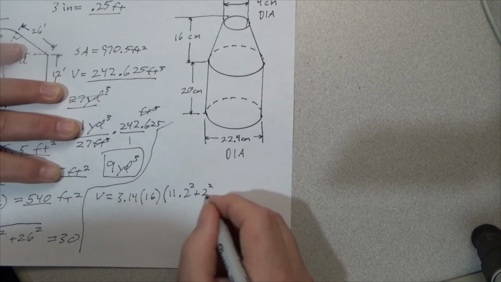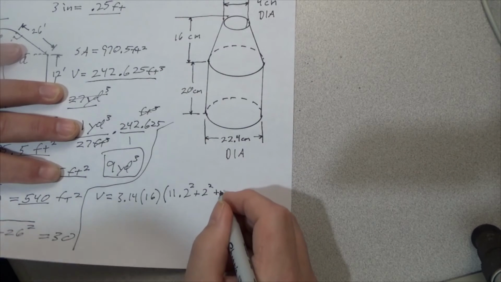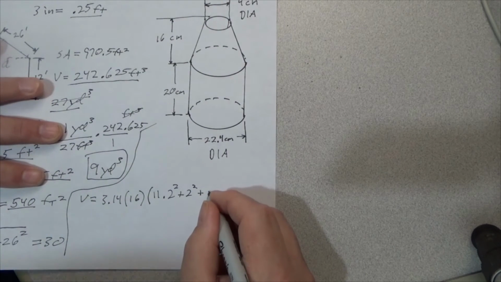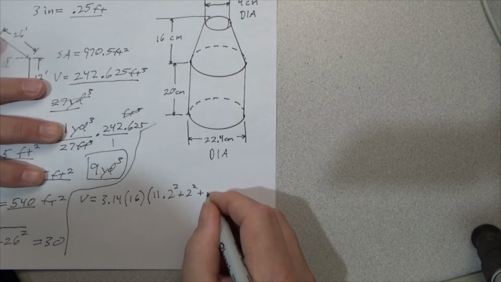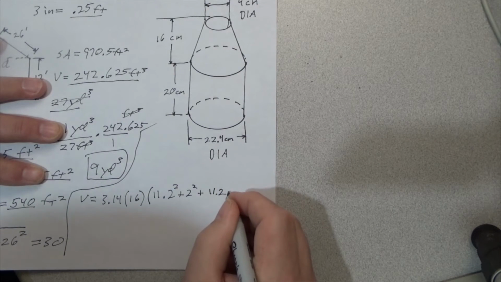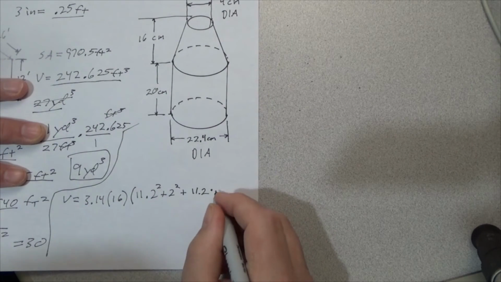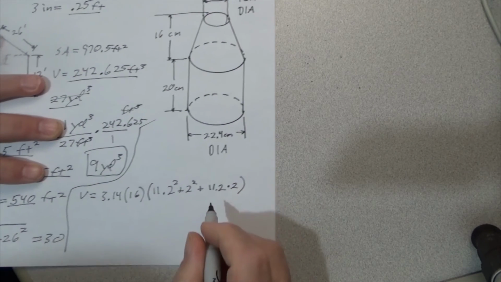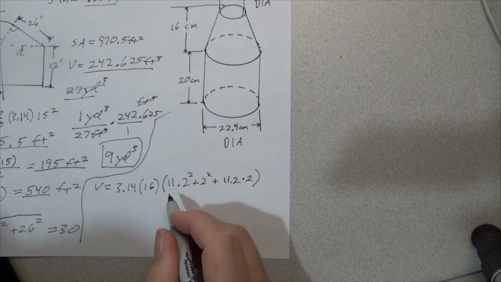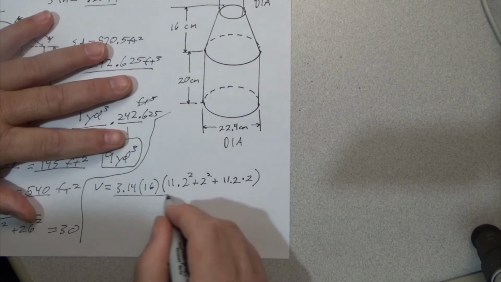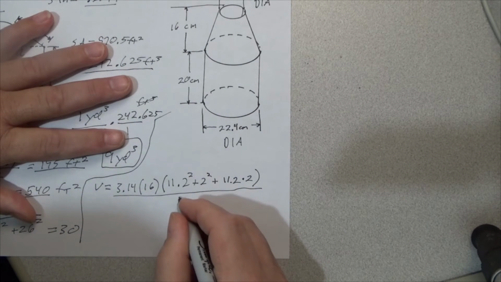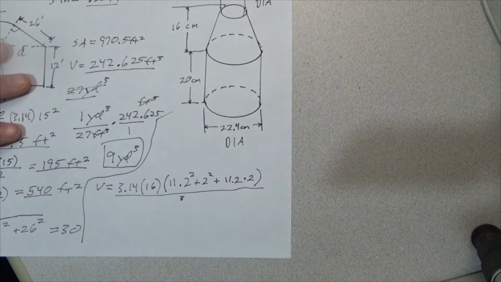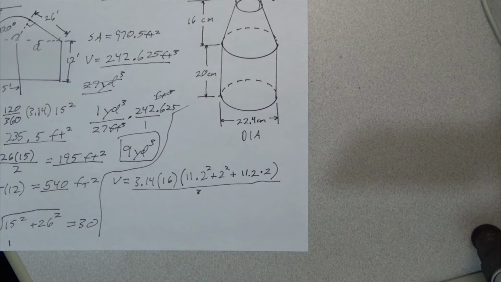And add to that 11.2 times 2, so it's radius times radius. And then all of that divided by 3. So we'll find the volume of that.